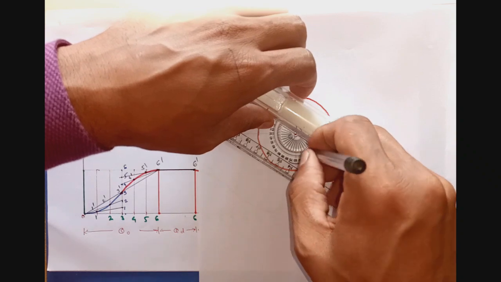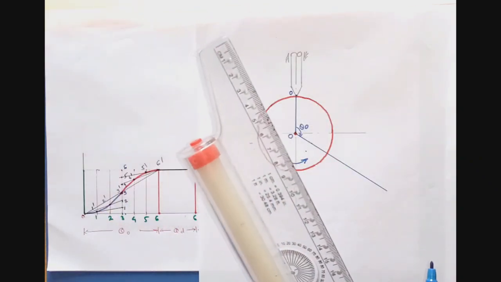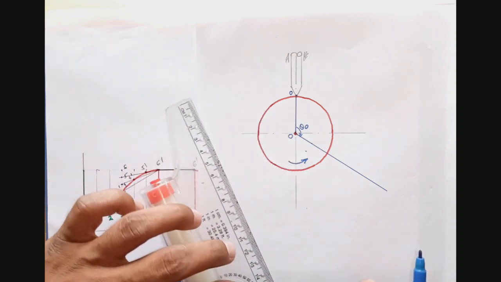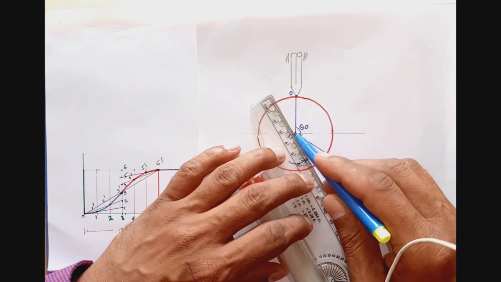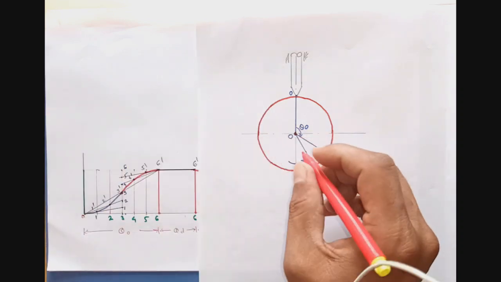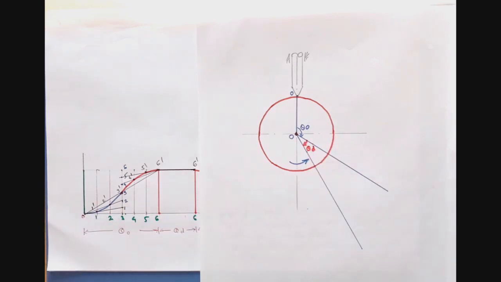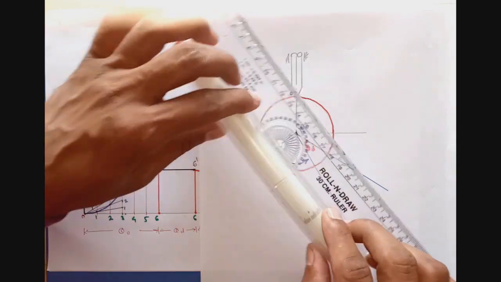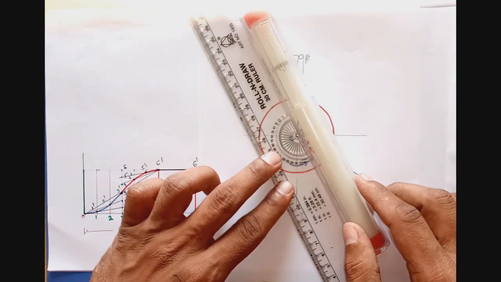This is 30 degrees, dwell period, theta D. Next is 90 degrees of return stroke.